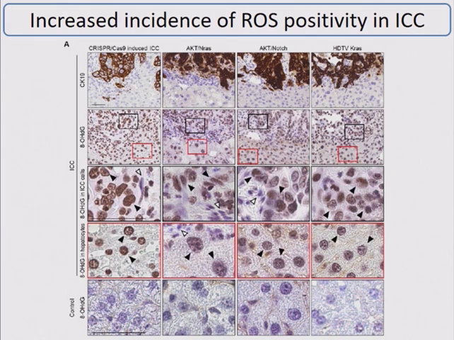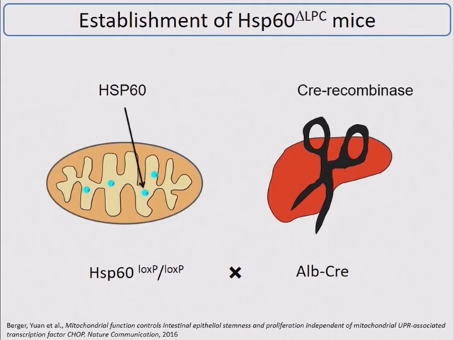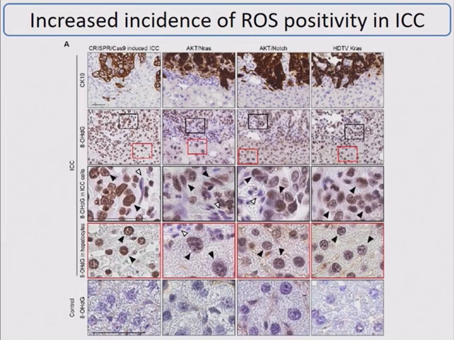In all of those cases, we could to some degree confirm that we see these high ROS levels within the lesions and nearby the lesions in those livers. What was striking to see is that, for example, in models that at the same time also developed hepatocellular carcinoma, the high levels of ROS were only to be found in the cholangiocarcinomas.